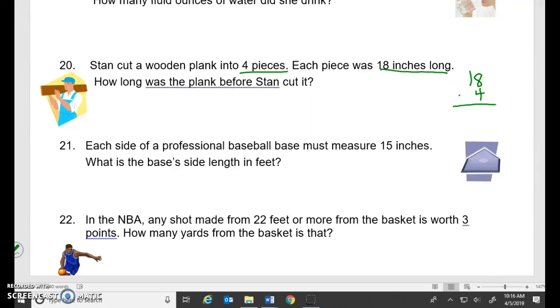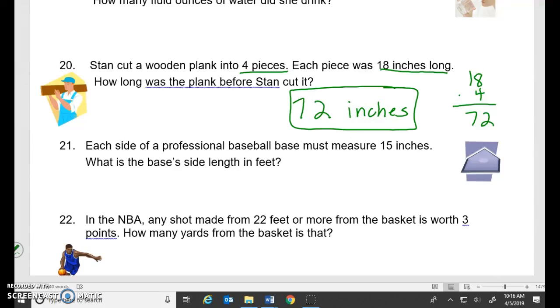But on this back side, they're just doing a mixture of things, that you're going to do some conversions, and then you're also going to just have to figure out how to solve the story problem as a mixed bag of tricks. So 18 times 4, what did you come up with? 72. So I'm going to write over here 72 inches and give it a box.